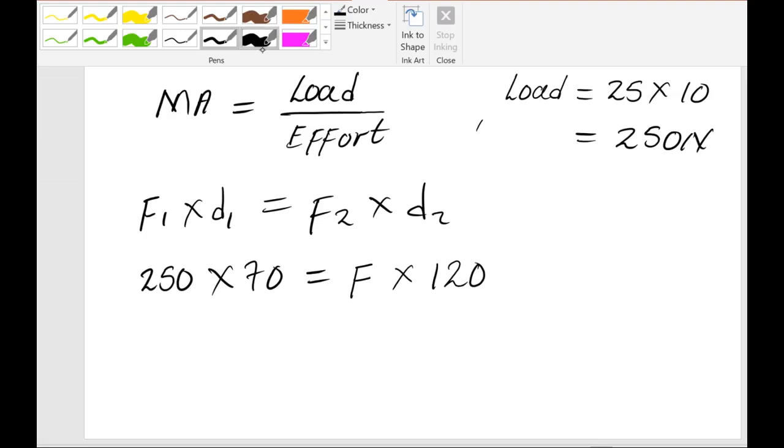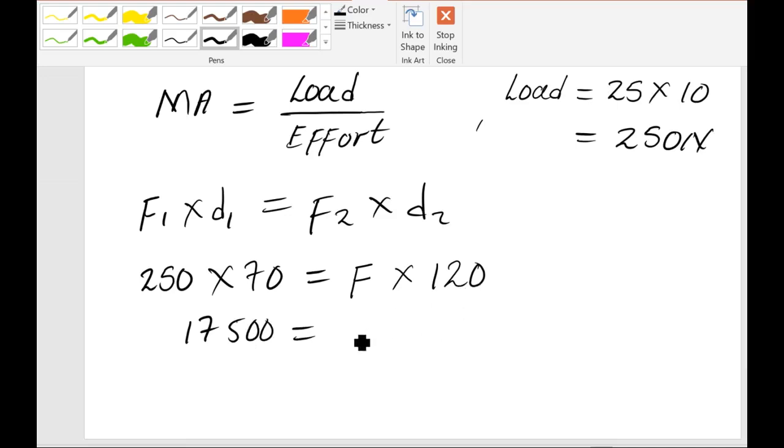So now finishing this, we say 250 times 70. Using the calculator, 250 times 70, we are therefore going to have 7,500, which is equal to F times 120.